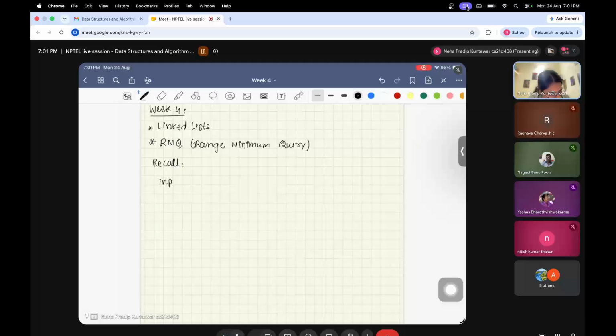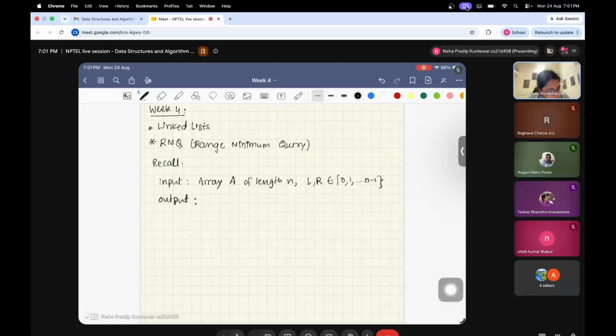The input to you is an array A of length n, and you are given two indices, let's say I and j, let me just call them L comma R, and these are two indices from 0 to n minus 1.